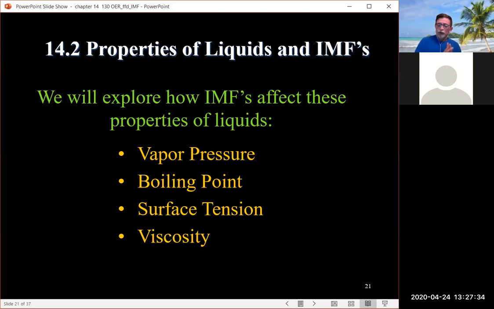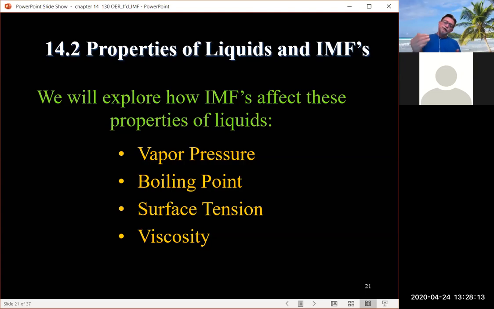Okay? Boiling point. Boiling point is that temperature at 1 atmosphere that a liquid starts to boil. For example, water at 1 atmosphere boils at 100 degrees Celsius. And if we were to compare that boiling point to, let's say, ethanol, ethanol is an alcohol, which also has the same type of intermolecular forces involved, but alcohol boils around 78 degrees Celsius.